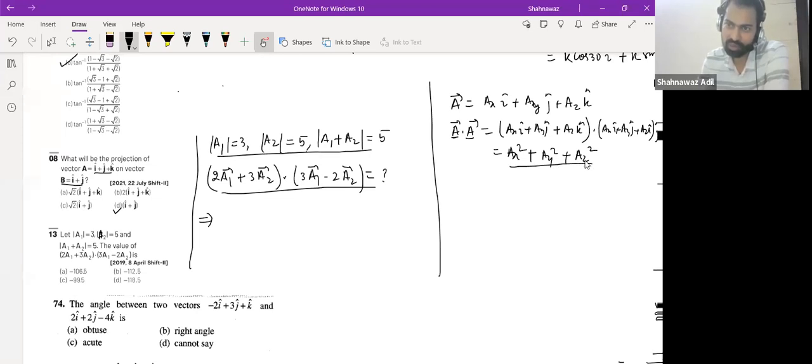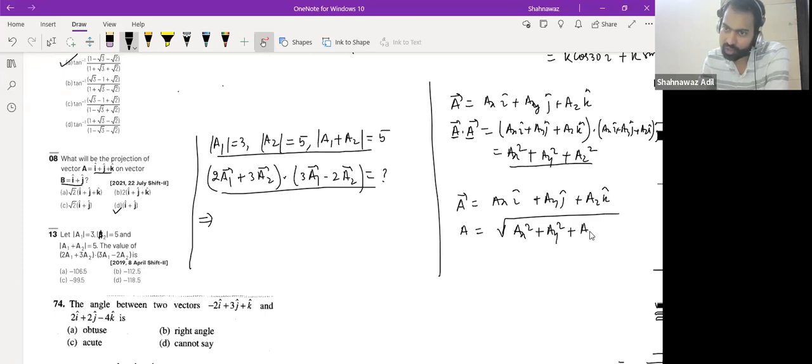This we already know. So we have A, this is AXi, AYj, and AZk. If I take the magnitude of this vector, this is root of AX square, AY square, and AZ square. So if I square on both the sides, this is A square, AX square plus AY square plus AZ square.